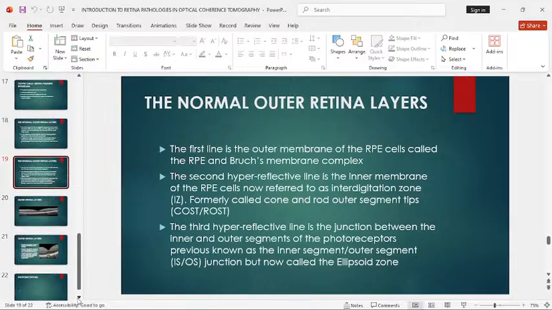The second hyperreflective line is the inner membrane zone of the retinal pigment cells, now referred to as the interdigitation zone. Formerly, it was called the cone and rod outer segment tips, but now the new name is interdigitation zone. The third hyperreflective line is the junction between the inner and outer segments of the photoreceptors, previously known as the inner segment to outer segment junction, but now known as the ellipsoid zone.